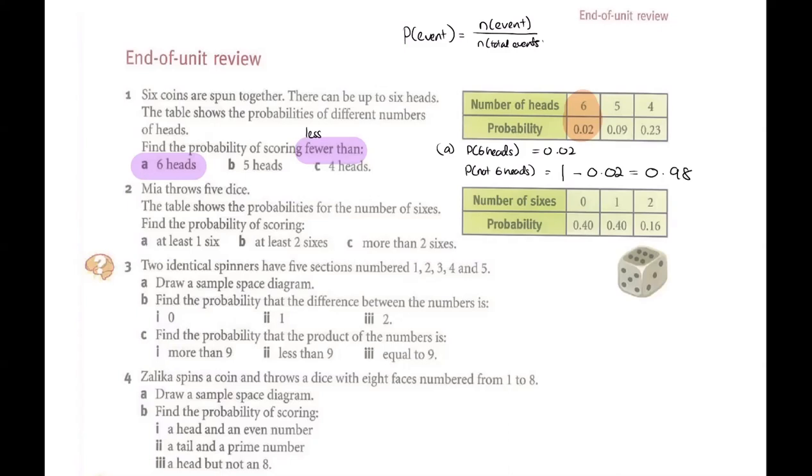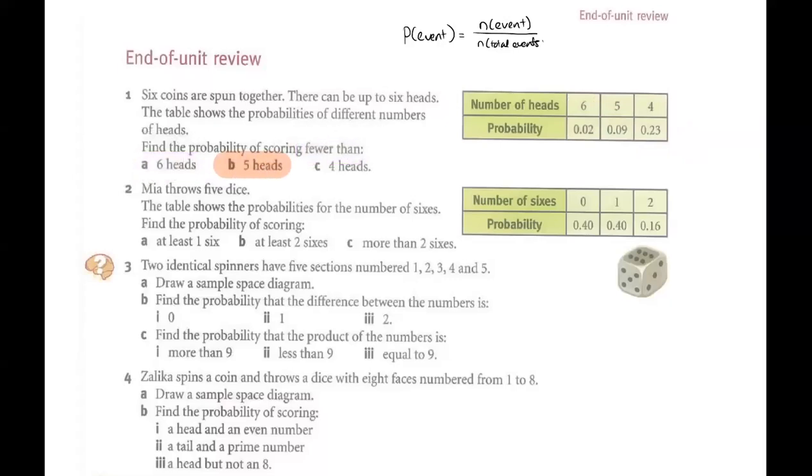Other than this event, all of the events are less than 6 heads, because we calculated the probability for 6 heads is 0.02. The maximum is 1, meaning the total probability is always 1 whole.